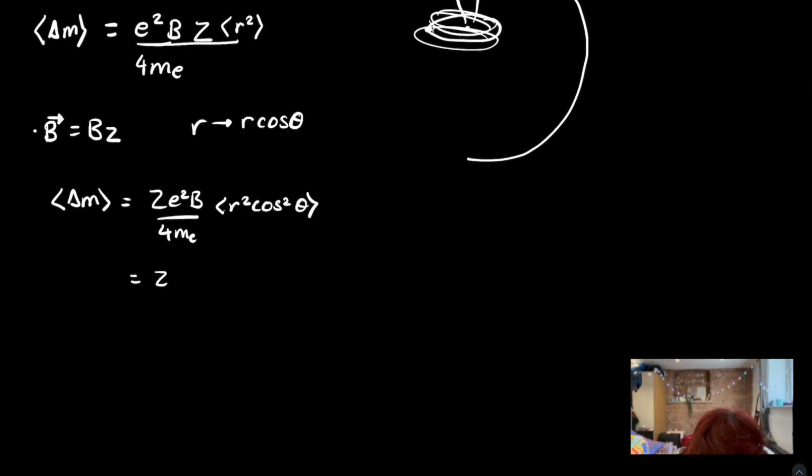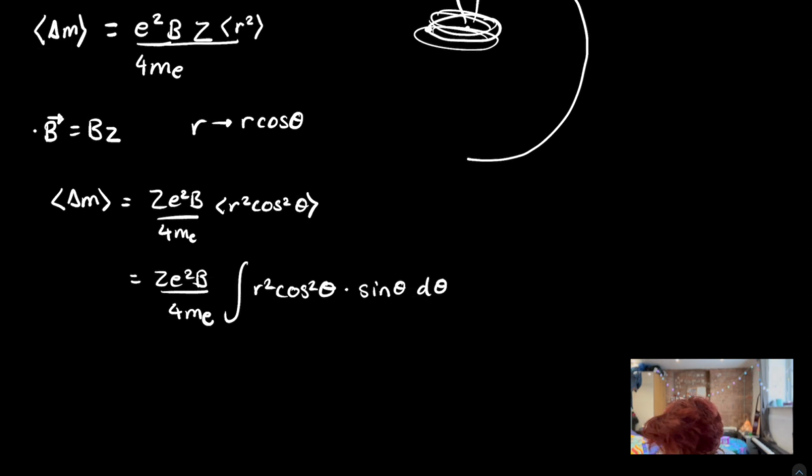So let's just go ahead and rewrite this prefactor right here. And for this term right here, this is going to be an integral of r squared cos squared theta. And because of course we're in spherical geometry, we have to multiply by a factor of sine theta when doing the integration, because of course the spherical element is of course sine theta d theta. And this is going to be over the range of 0 to pi right there.